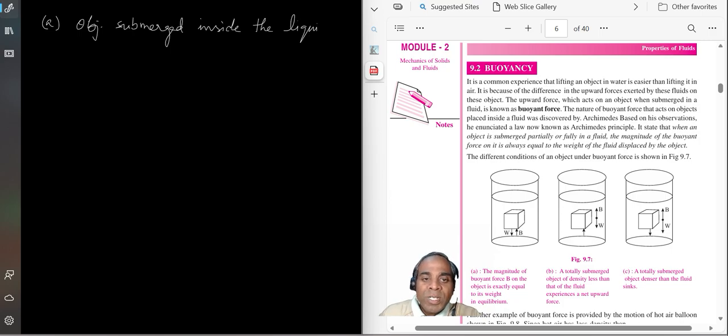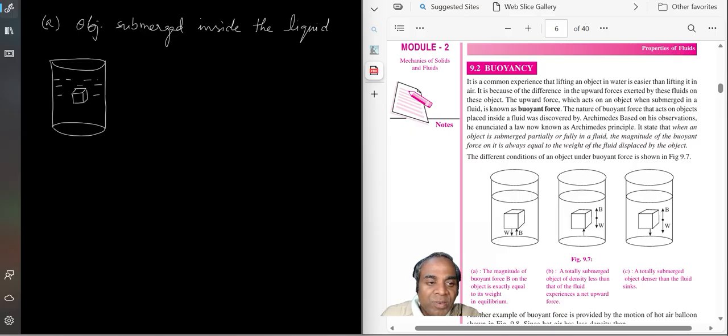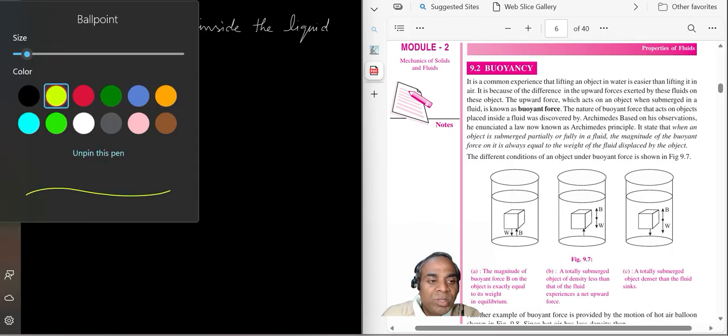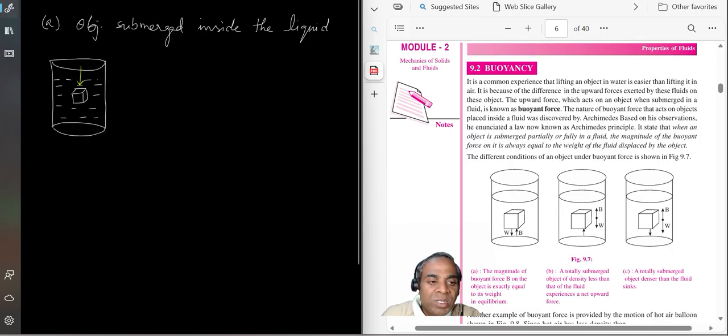So let us draw the figure again. This is our vessel and this is the object somewhere inside the fluid. So we'll first draw the object and we will draw the fluid surrounding it. Now what are the forces acting on the object? We know it is the weight of the object which tries to push it down, and the buoyant force acting on the object which tries to push it up.